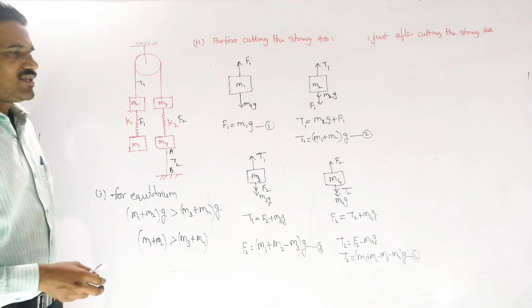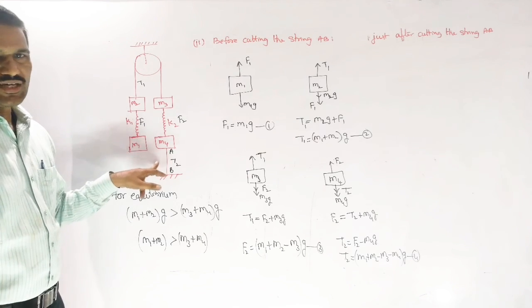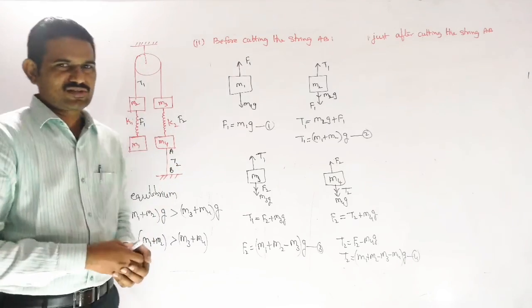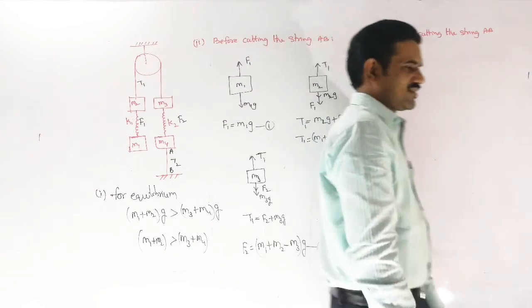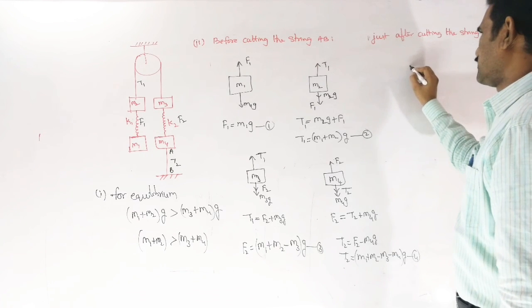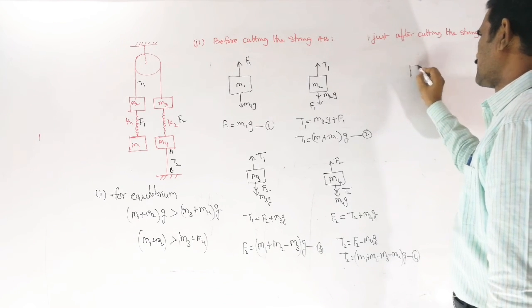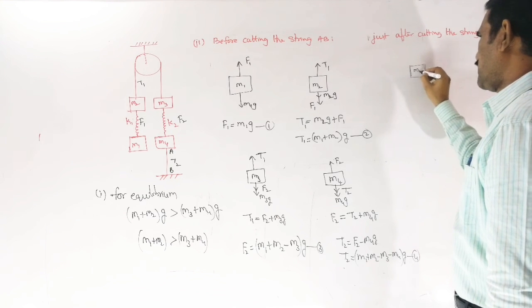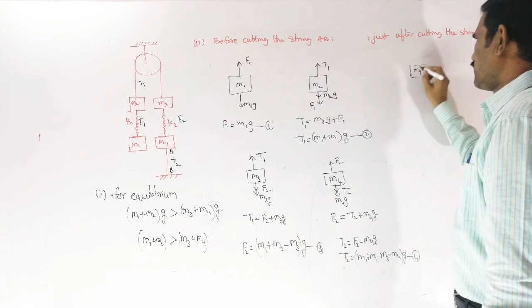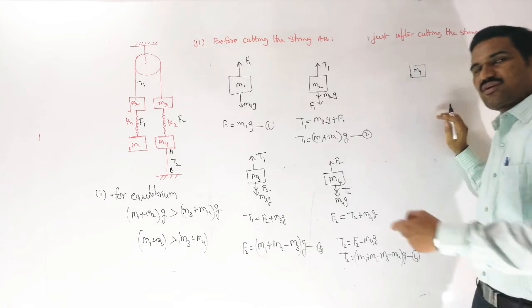As we are cutting the string here, I am drawing the free body diagram starting from M4. We will do the calculations like this because some change is taking place for this M4 here. So now I am taking the FBD of M4, just after cutting.